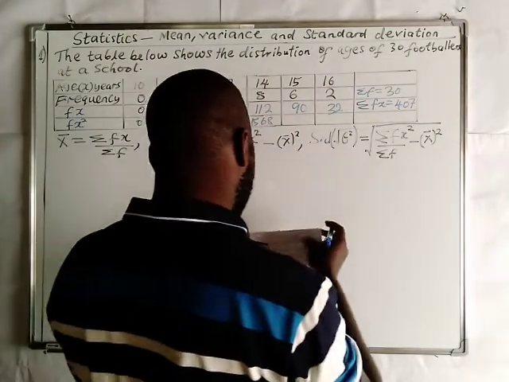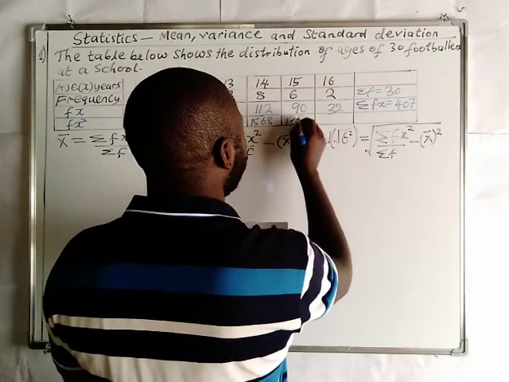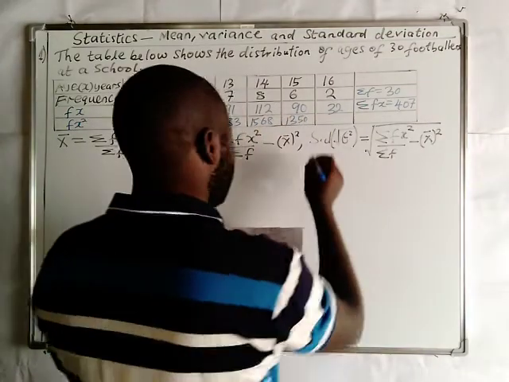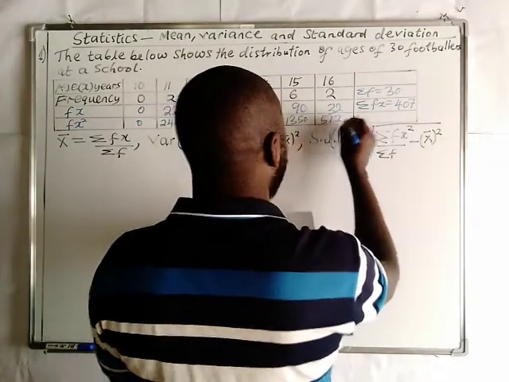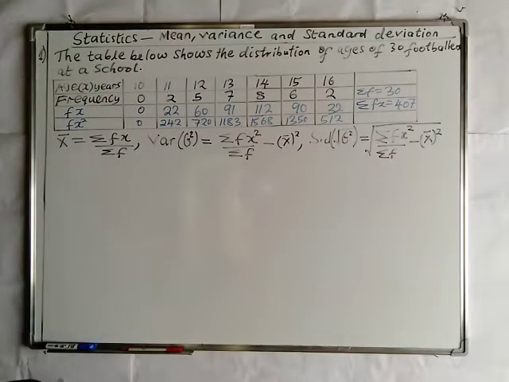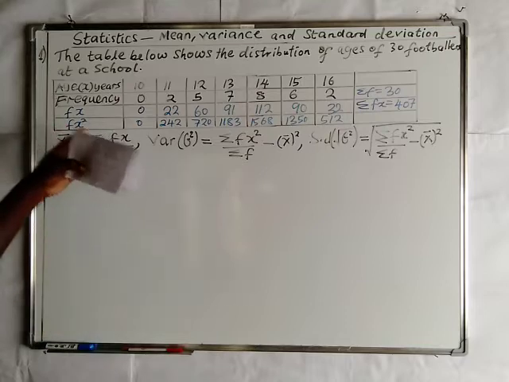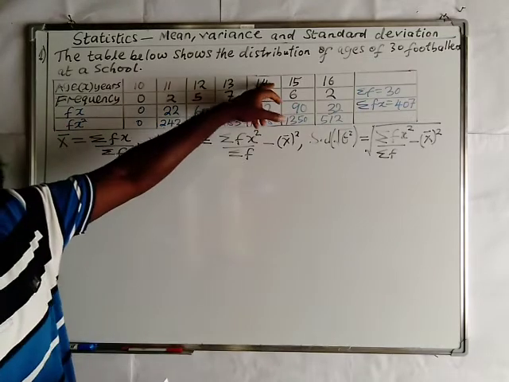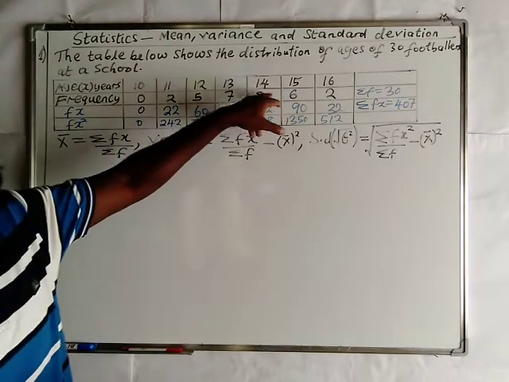Then 1568. Then 1350. And 512. So these are the fx square. We square the midpoint and multiply by the frequency.